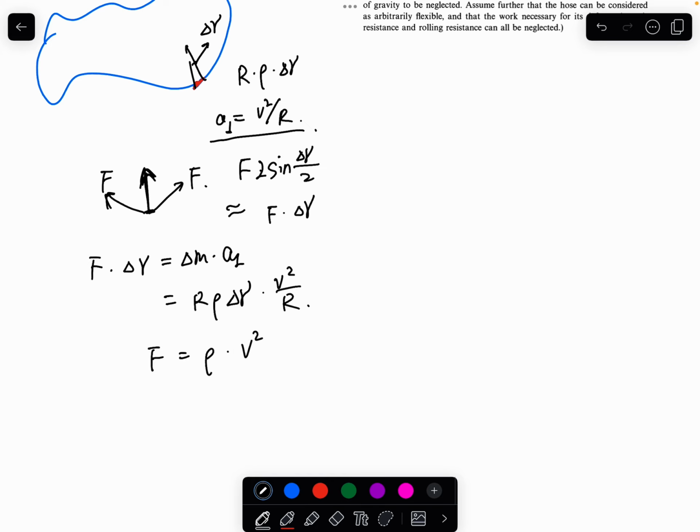So you can see that it does not depend on the radius. It is actually correct for any chain which is flexible and moving at a uniform speed. This uniform speed can be instantaneous, so it is also useful in this problem.